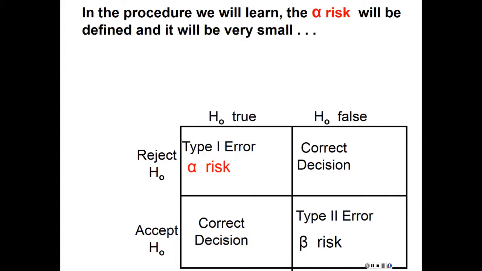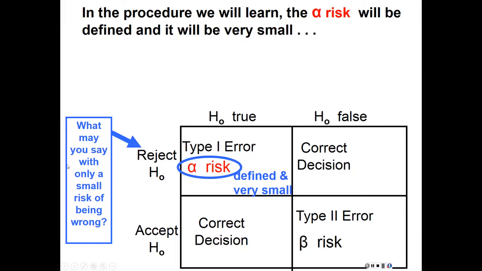That's a common level of alpha in medical practice. So it's going to be defined and very small. And then you can say, I reject H0, and have a very, very small probability of being wrong. Okay?